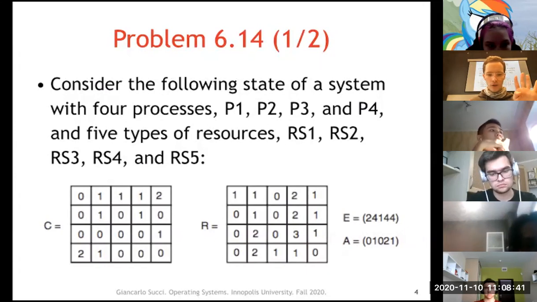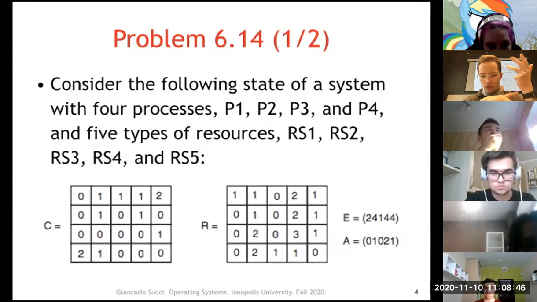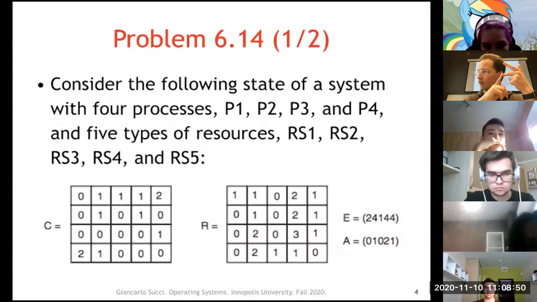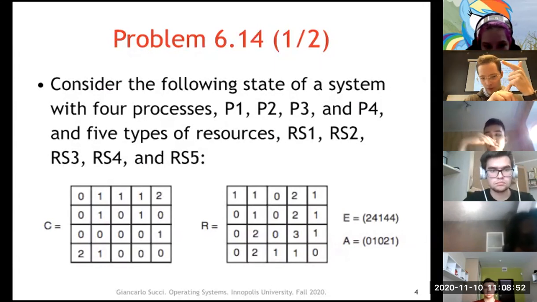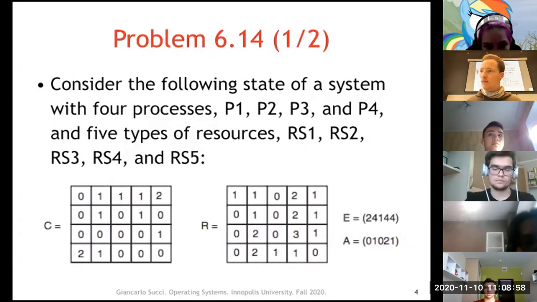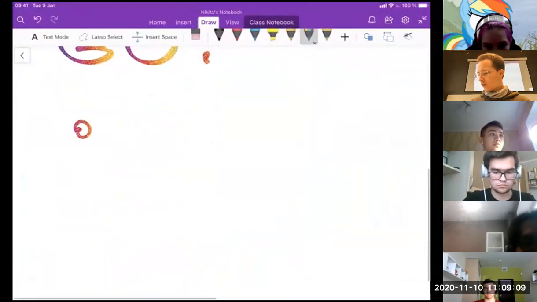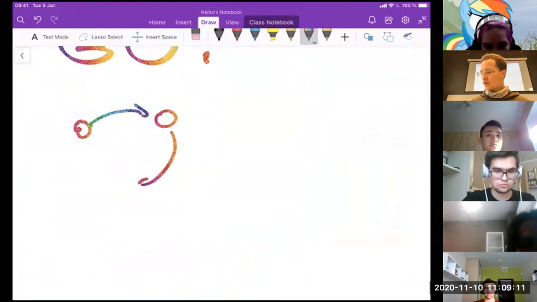So let us briefly repeat. What are the 4 conditions for the deadlock? Mutual exclusion, hold and wait, no preemption, circular wait. What is circular wait? You have a process that requests another process that requests another process.